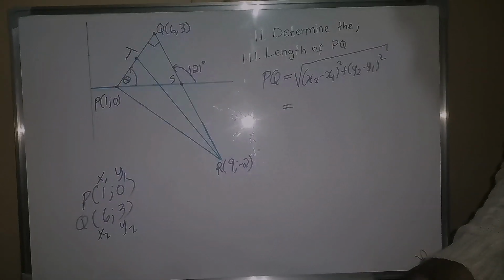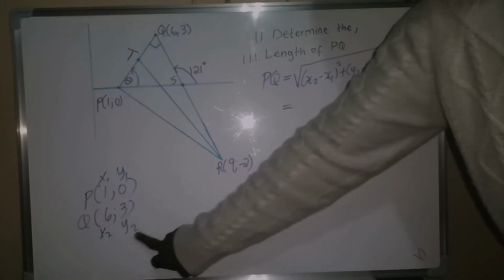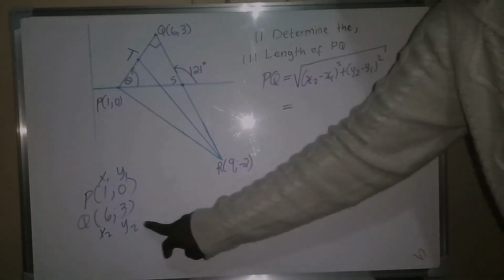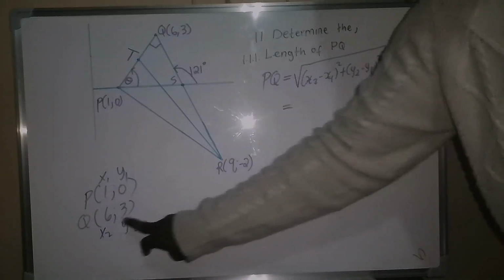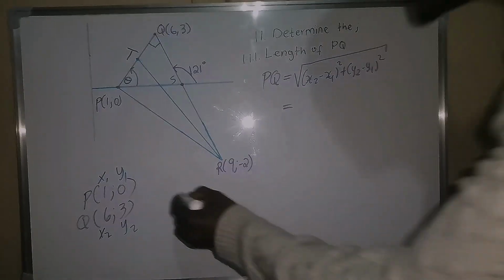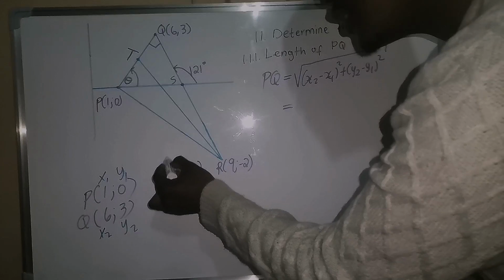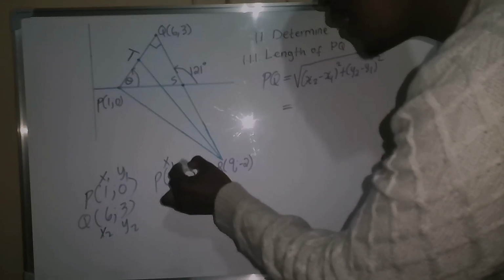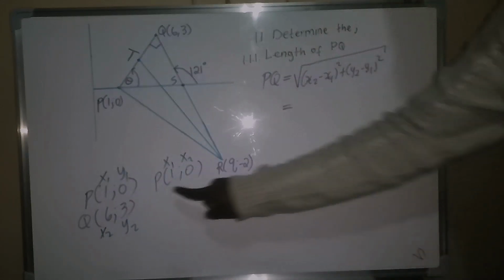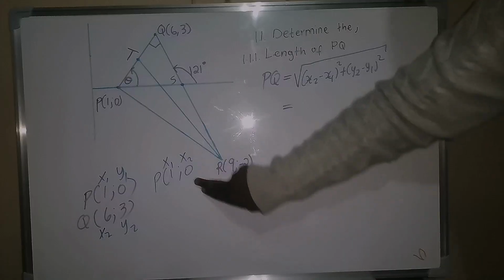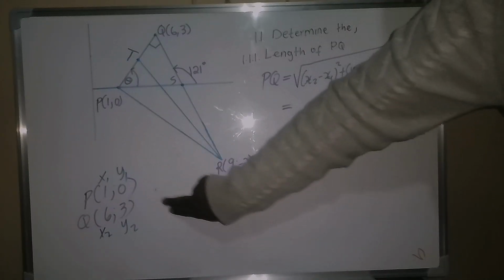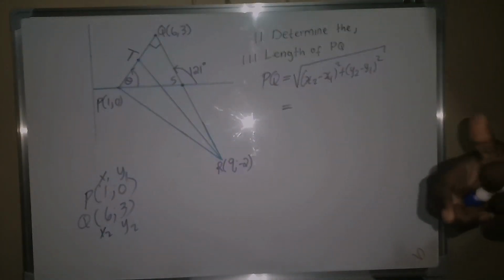It's always x1, y1 for the first point, then x2, y2 for the second. Please, guys, remember that.